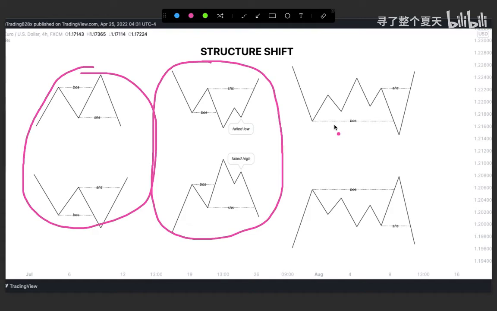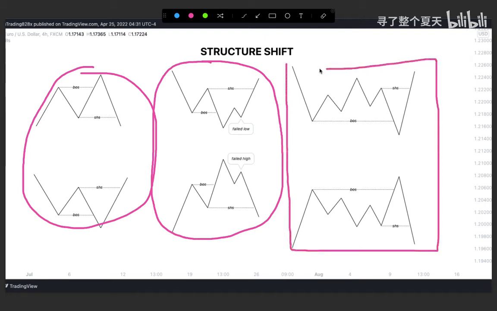Because like I mentioned, normally when we are looking at a potential shift in market structure, we'll be looking at internal structure, right? So here with these two diagrams, we'll be looking at the most recent internal high, right?